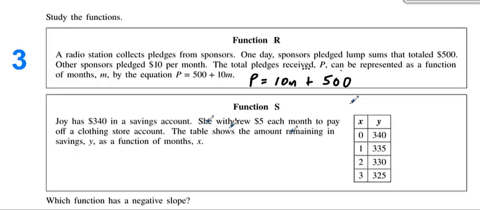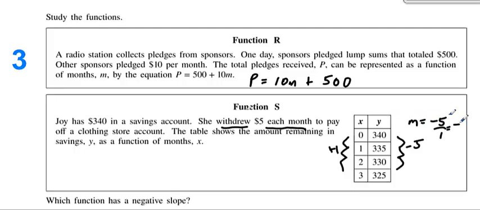Okay, here, Joy has $340 in her savings account, so that's where she's starting. She withdrew $5 each month to pay off a clothing store account. So again, $5 each month means multiplication, so we know that's our x term, and withdrew means it's going to be a negative, isn't it? So if we go over here and just do our pattern, we know that it's negative 5. Over here, it's a positive 1, so we know our slope is negative 5 over 1, or negative 5.